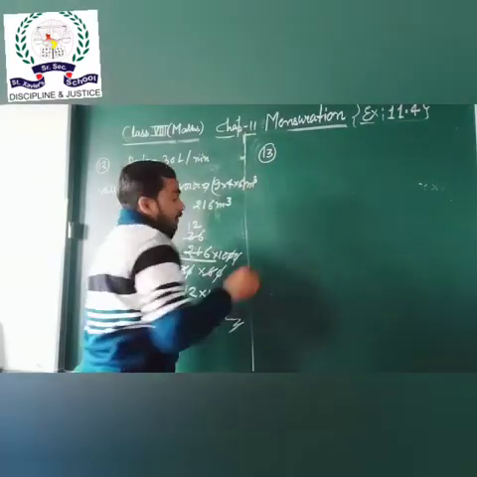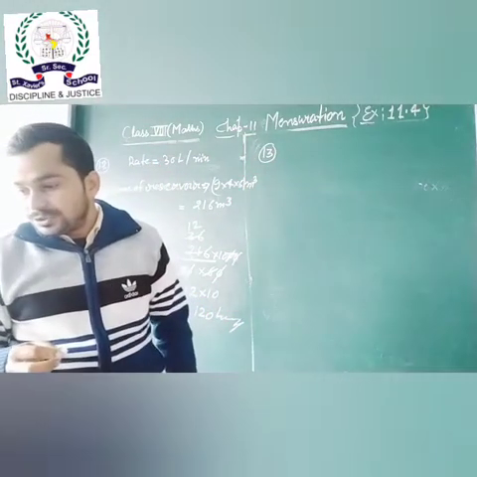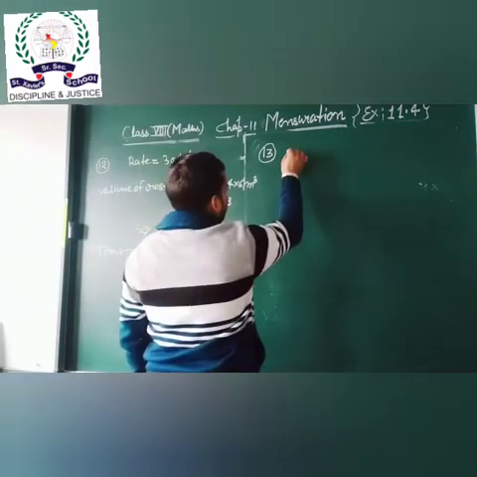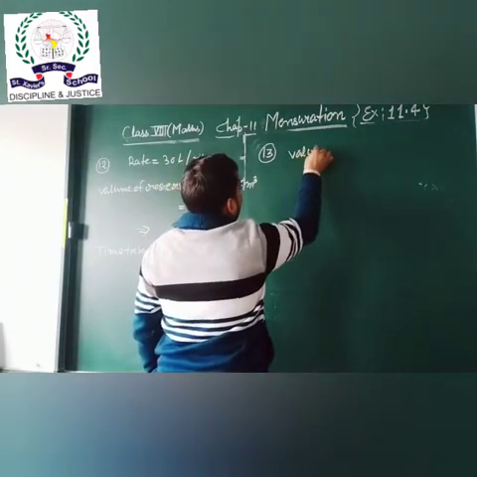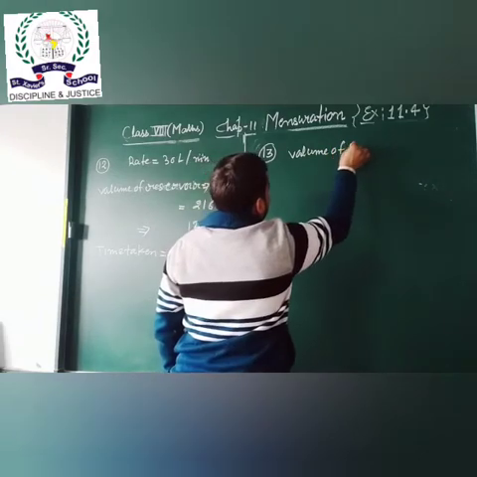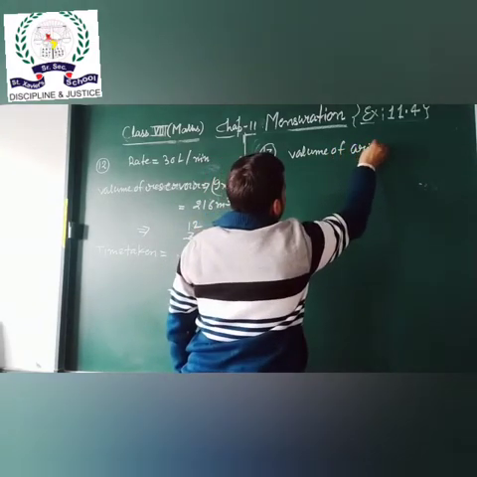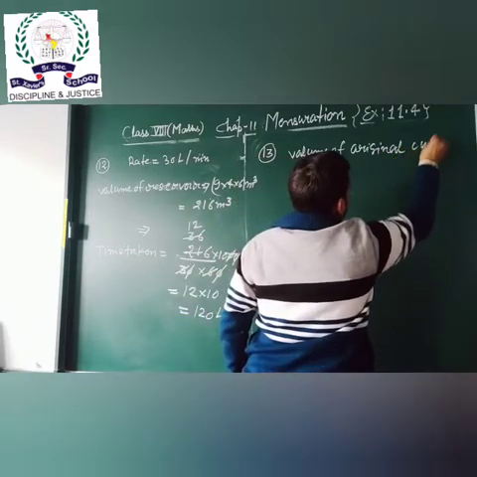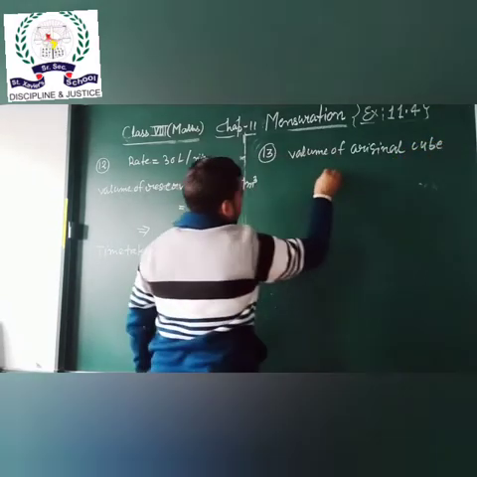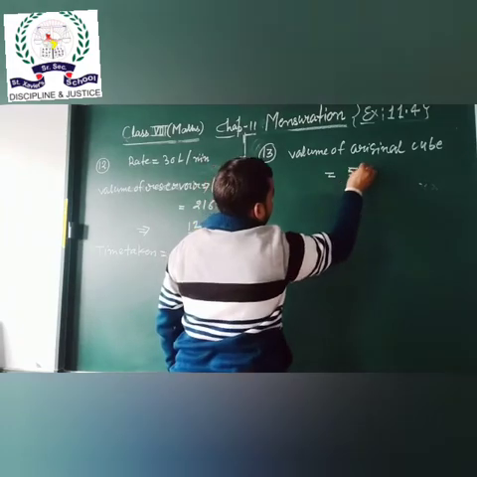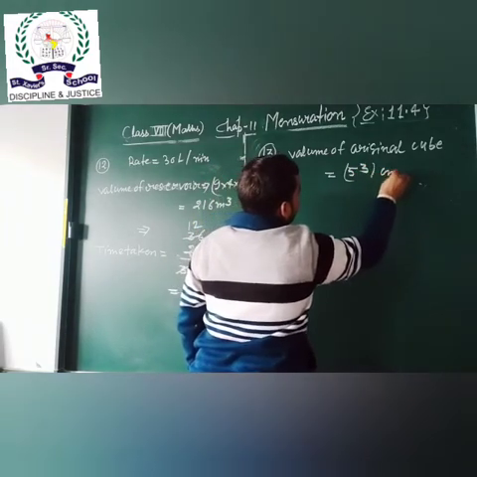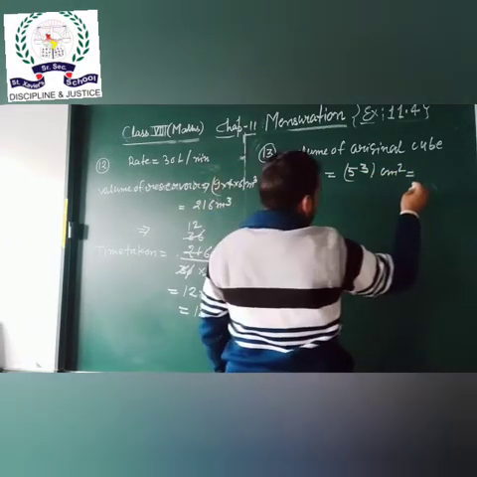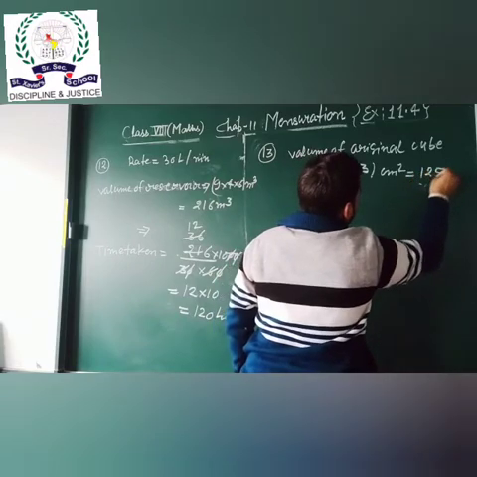So first we have to find out the value of the original cube. 5 cube, 5 5s 25, 5 5s 125 centimeter cube.